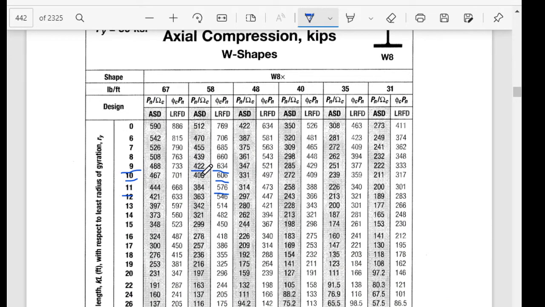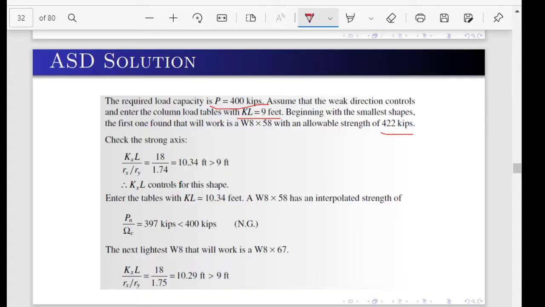The value of your ASD is 403 and 384. If you interpolate, you will get this value, 394, less than 400 kilopounds. So, not good. This is not good, so it cannot be used.